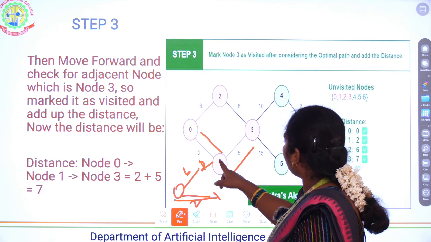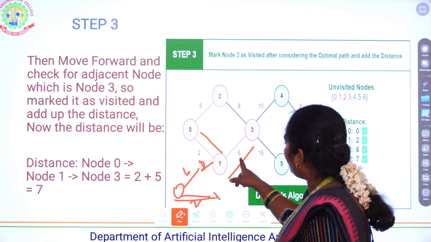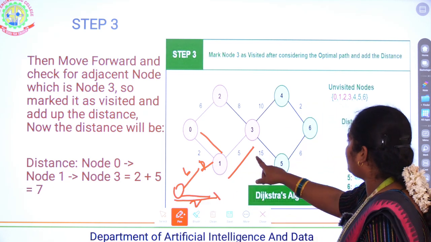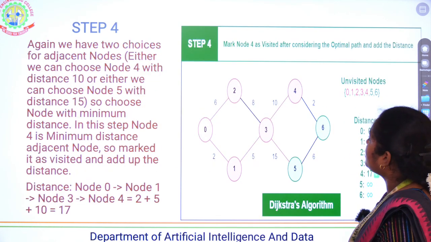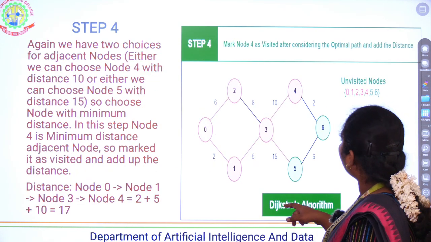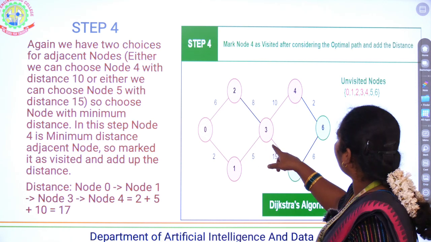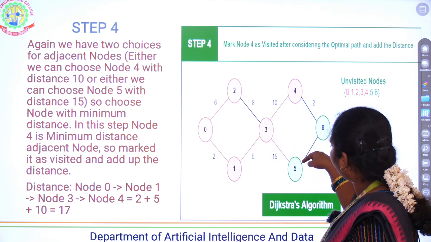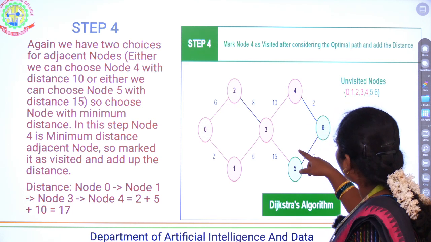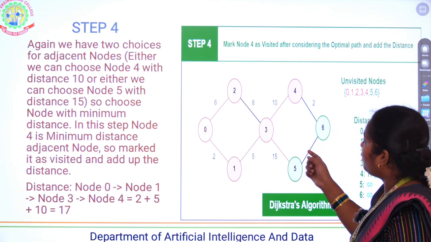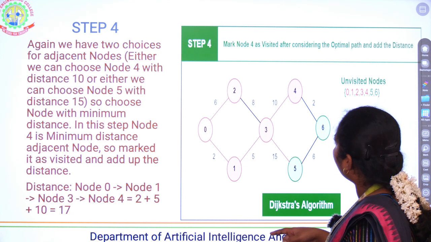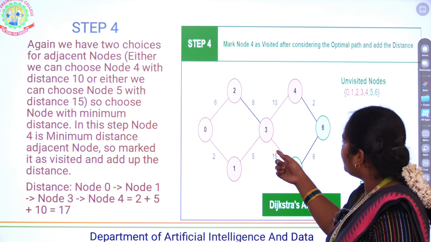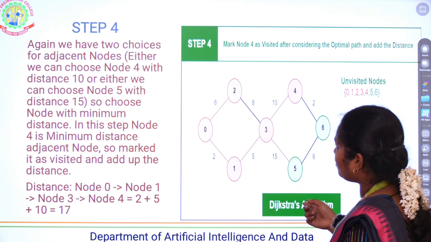So we add the visited weights 2 plus 5, which is equal to 7, the distance of the shortest path. In the next step, we mark the visited node as 3, and from 3 we have to choose the shortest path among the connected nodes, which are 4 and 5. As in step 3, the visited node will be marked.